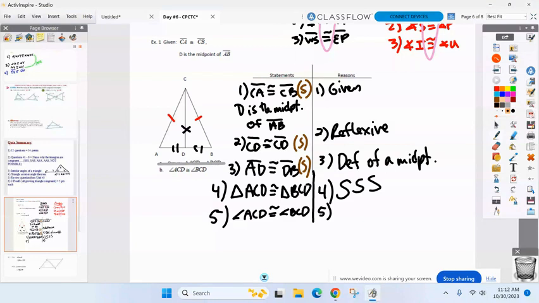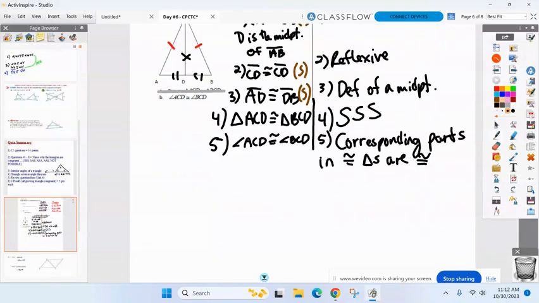These two are corresponding. And I'm going to use the word parts because it could be angles or sides we're showing. So they are corresponding parts in what type of triangles? Congruent triangles. They are corresponding parts in congruent triangles, and they are congruent.